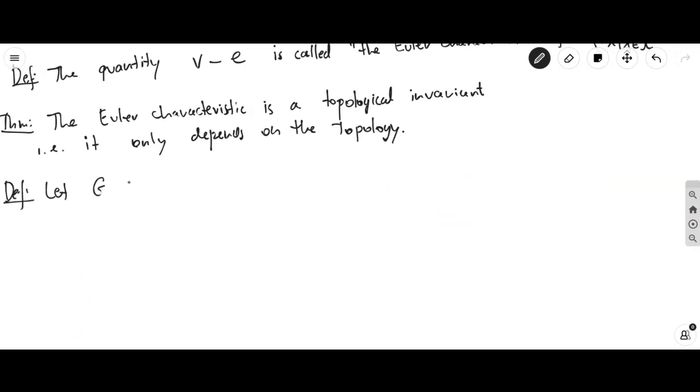Let G be a finite graph. So what do we mean by a finite graph? We just mean G has a finite triangulation.